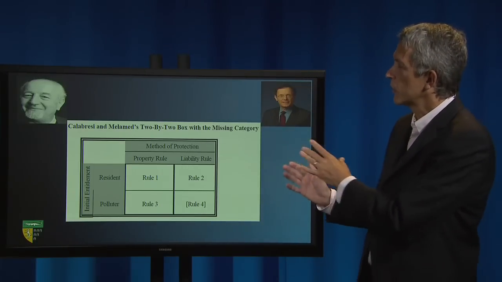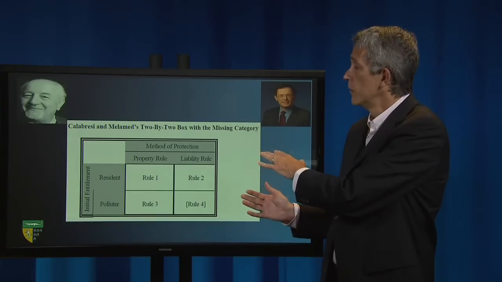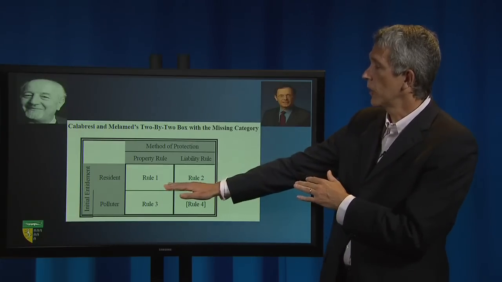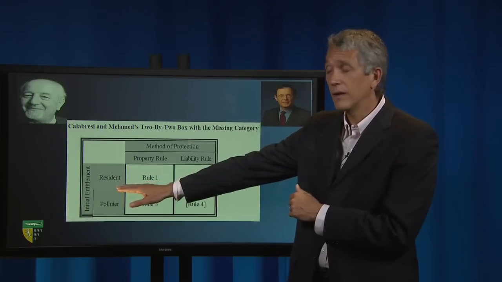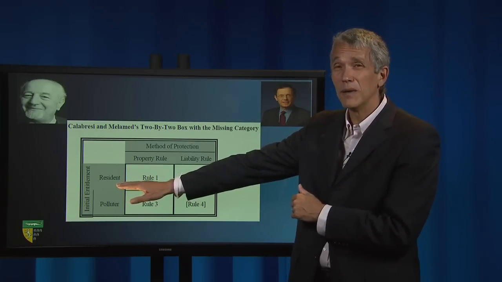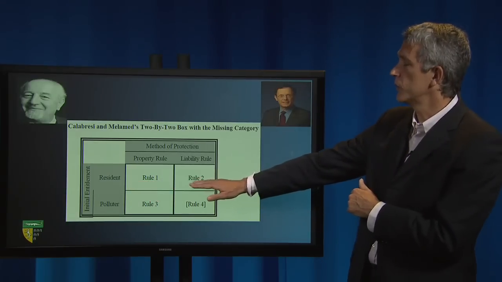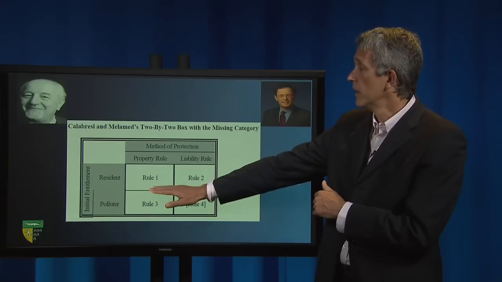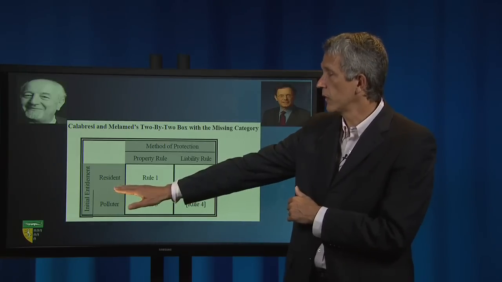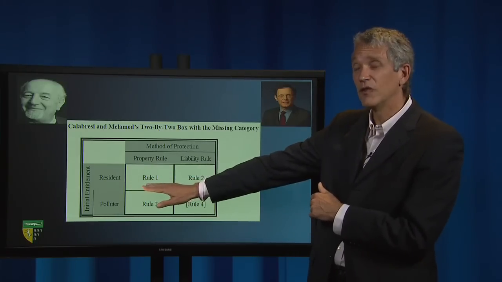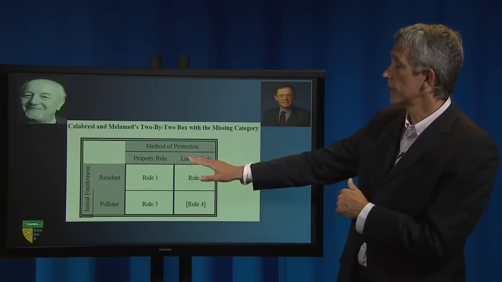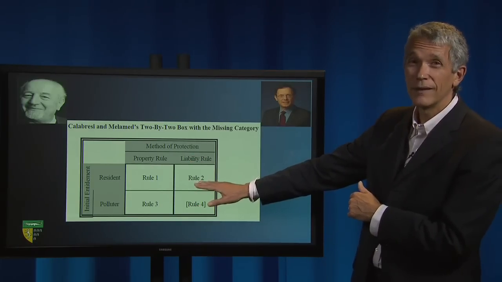These first 2 rules are depicted in this 2x2 box in this top row, where Marshall is the resident who gets the initial entitlement under either Rule 1 or Rule 2, and the difference between these first 2 rules is that in Rule 1 Marshall is protected by a property rule, by an injunction, and in Rule 2 Marshall's initial entitlement is protected merely by damages.